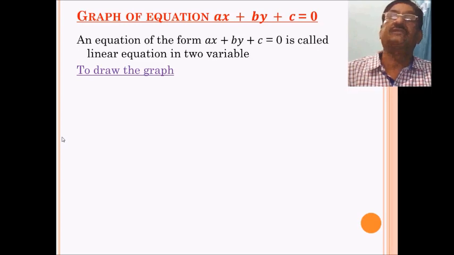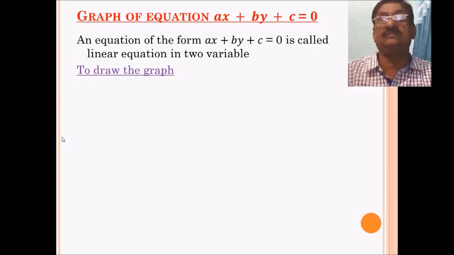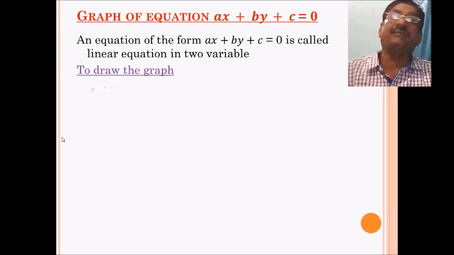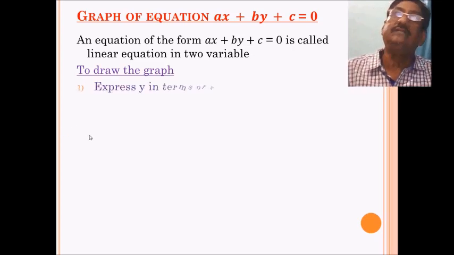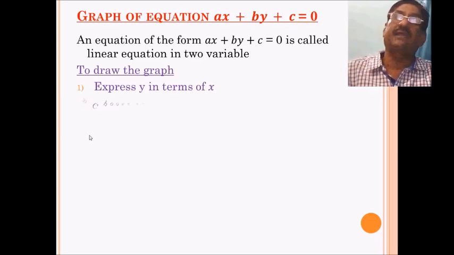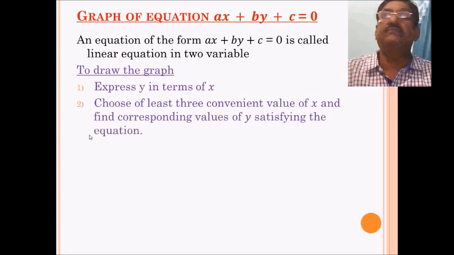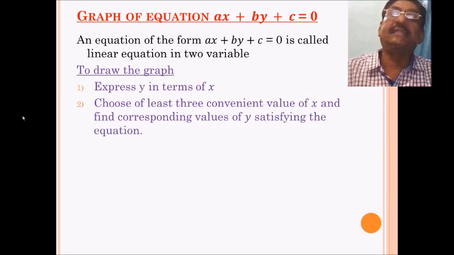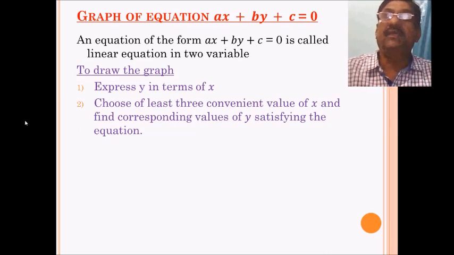Then it is a linear equation in two variables, where x and y are the variables. While drawing the graph, first of all, we have to express that equation in terms of x. Then we have to choose 3 points in such a manner that they satisfy the given equation.